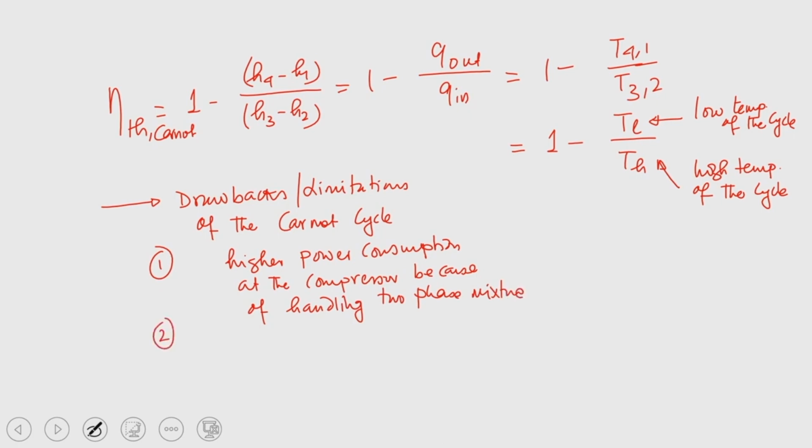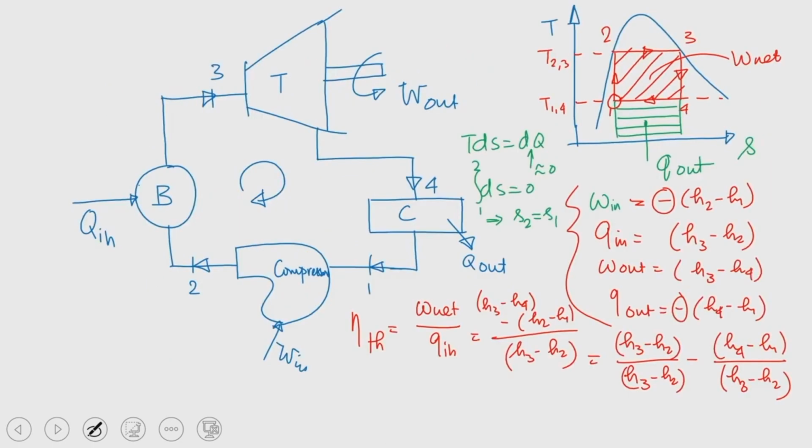Number 2, so this is number 1 drawback. Number 2 is, see, it is very difficult to design a compressor which will start from this two phase mixture and the process will end at state point 2.